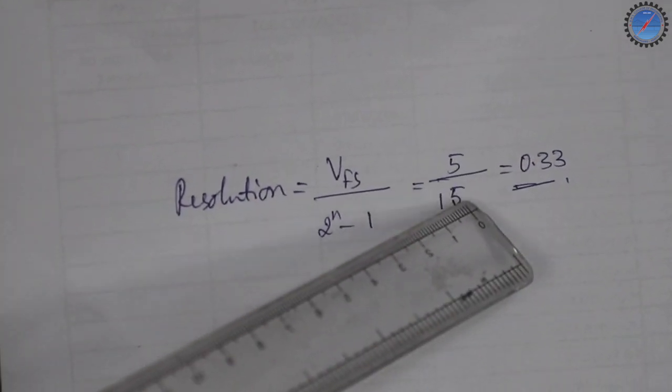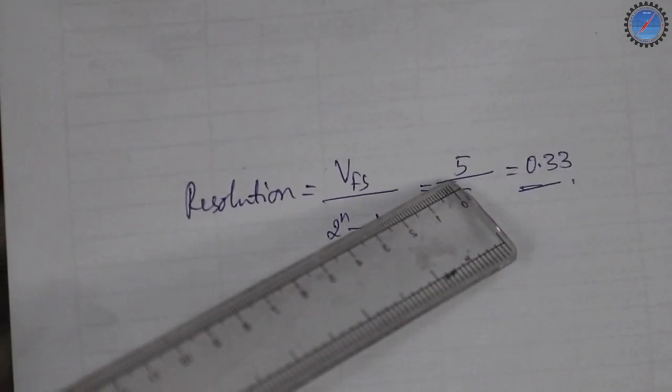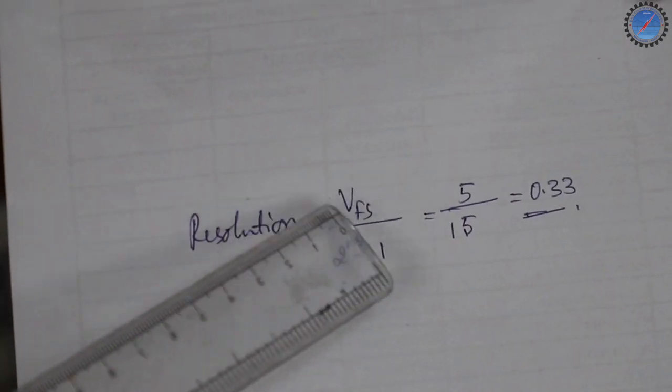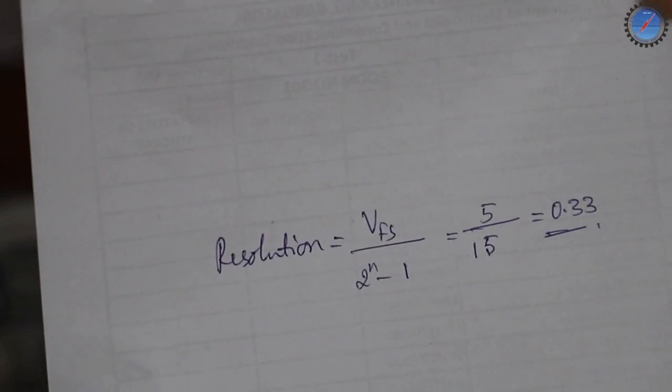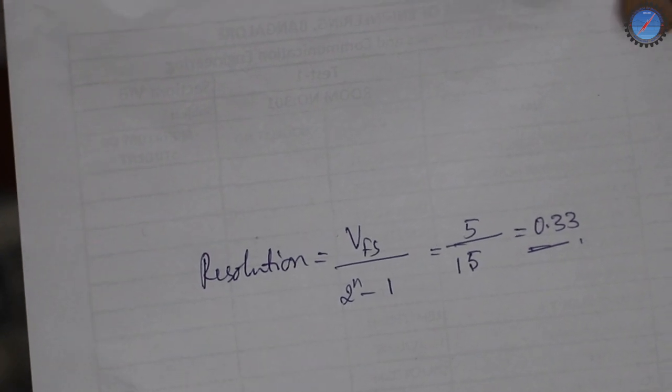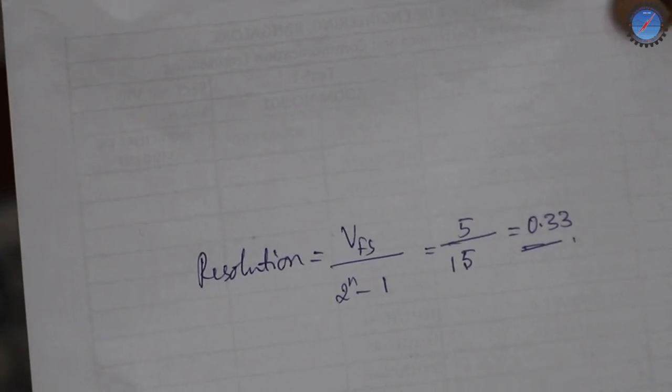So 5 divided by 15 we get 0.33. This is the smallest change in the output voltage, so it is also called the step size. From one input combination to another, we get a smallest change of 0.33.